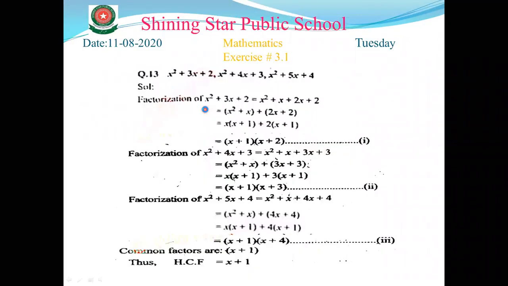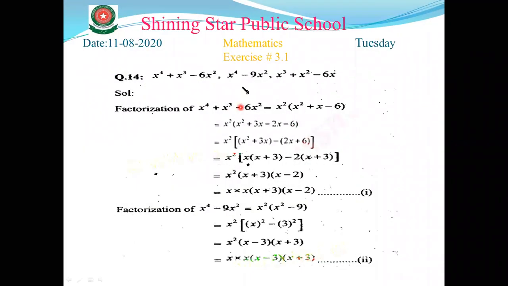Now, from the first expression, we get the common factors x and x plus 3. From the second, we again have x plus 3 and x.